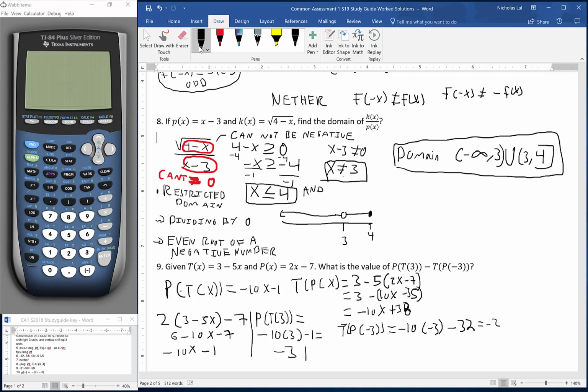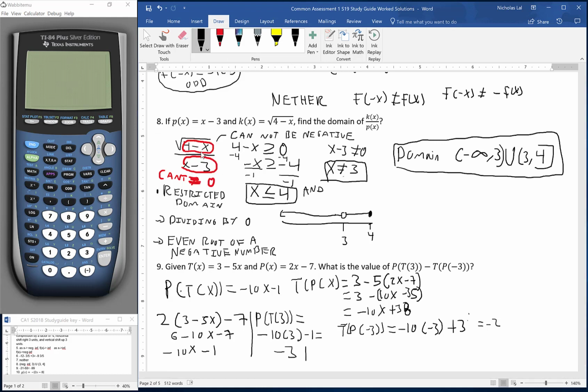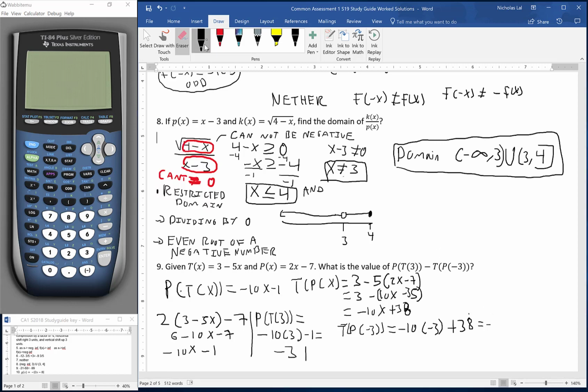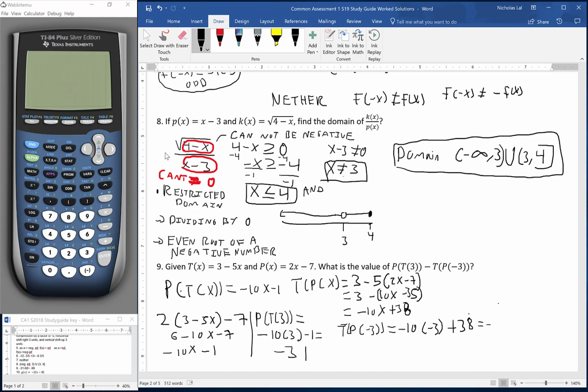So that's going to be negative 10 times negative 3 plus 38. 10 times negative 3 is negative 30, plus 38 is going to be 68.